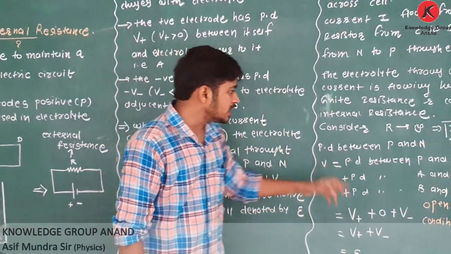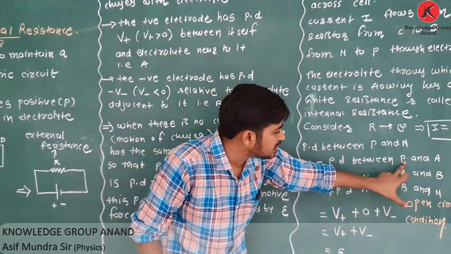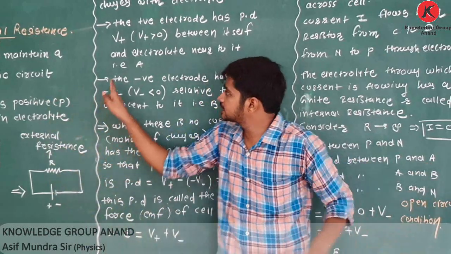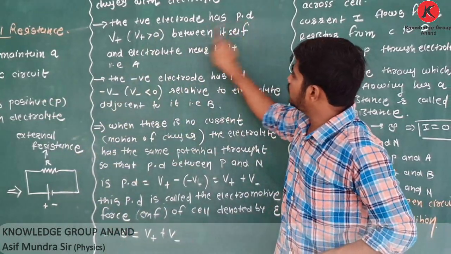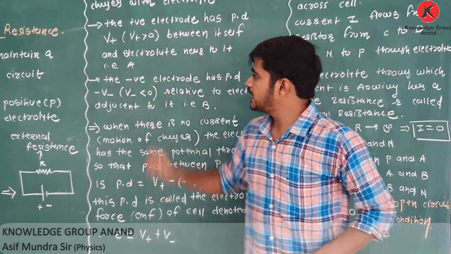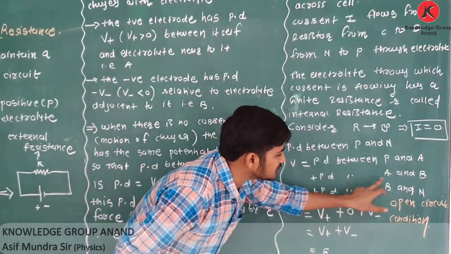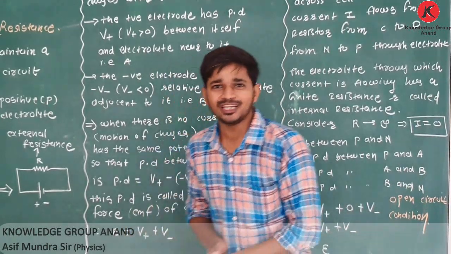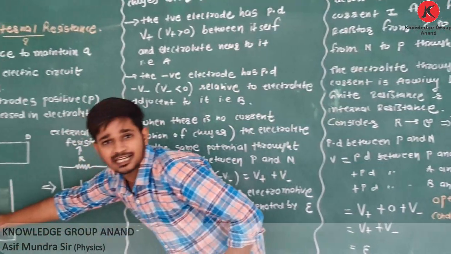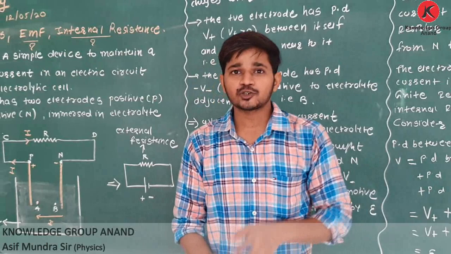Now what is the potential difference between P and A? It means potential of P with respect to A. Here it is, the potential of the positive electrode with respect to the electrolyte, it is V plus. Potential difference between A and B: A and B are points in the electrolyte.